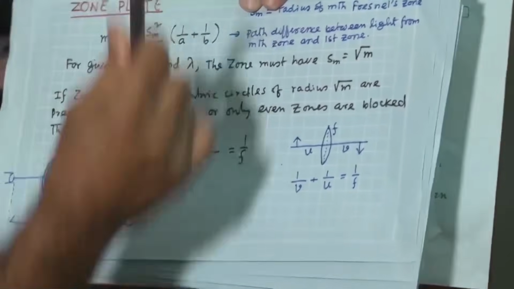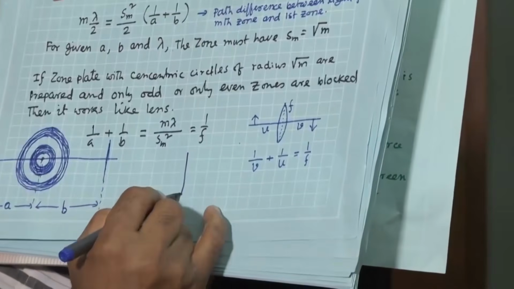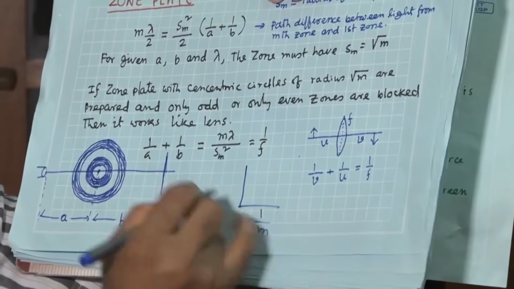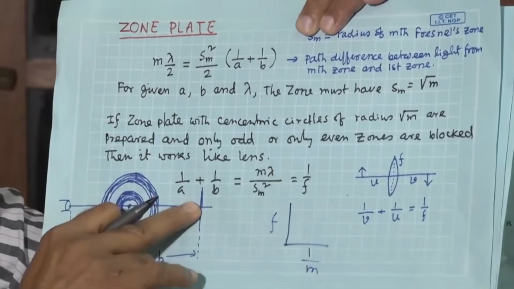Now we will plot 1/m against f, which is b.